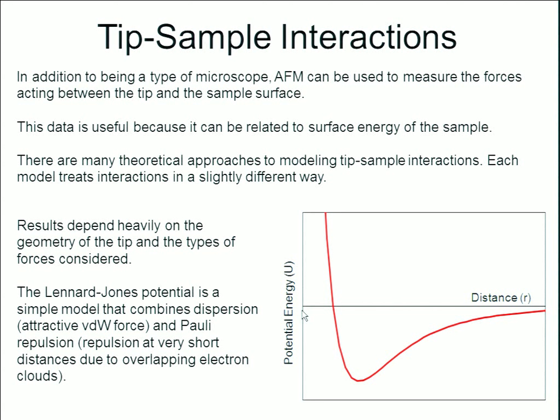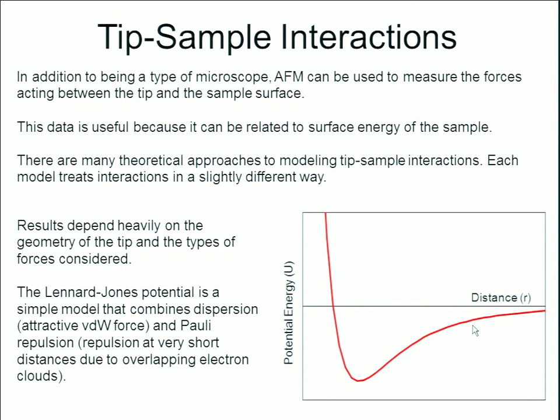Well, going from left to right, it would be as the tip and sample are getting further and further apart. But if you imagine us approaching, let's pretend the bottom of the tip is one atom, and let's pretend there's just one atom sticking out on your sample. As you approach each other, they'll first be attracted to each other. The reason for this attraction is both atoms have a positive nucleus and both atoms have a negative electron cloud.